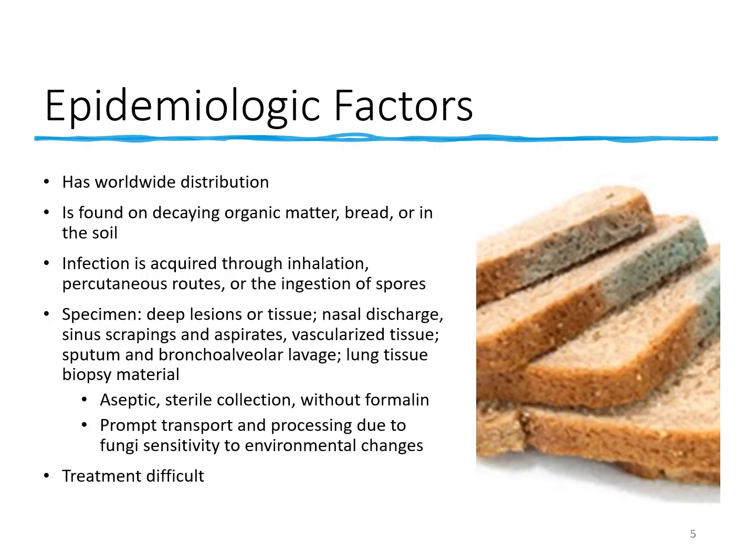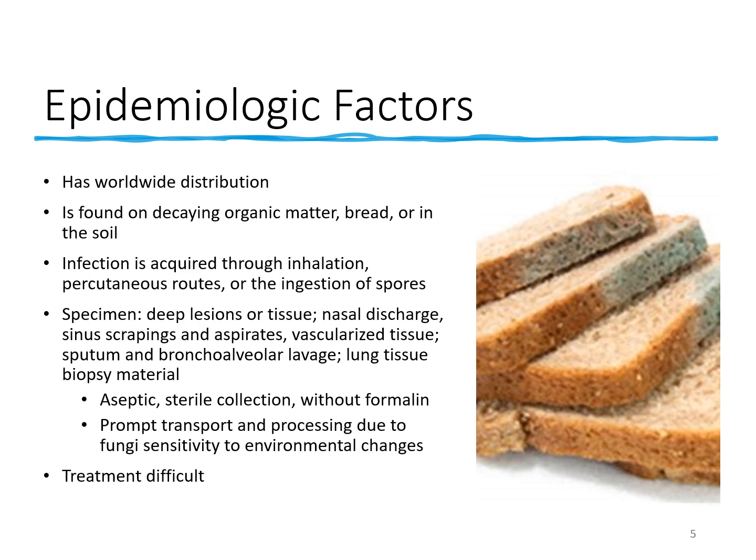The Mucorales have a worldwide distribution. They are found on decaying organic matter, bread, and in the soil. So infections are acquired through inhaling the spores, or you could obtain it through some sort of percutaneous route, like a scratch or something, or you could ingest them.